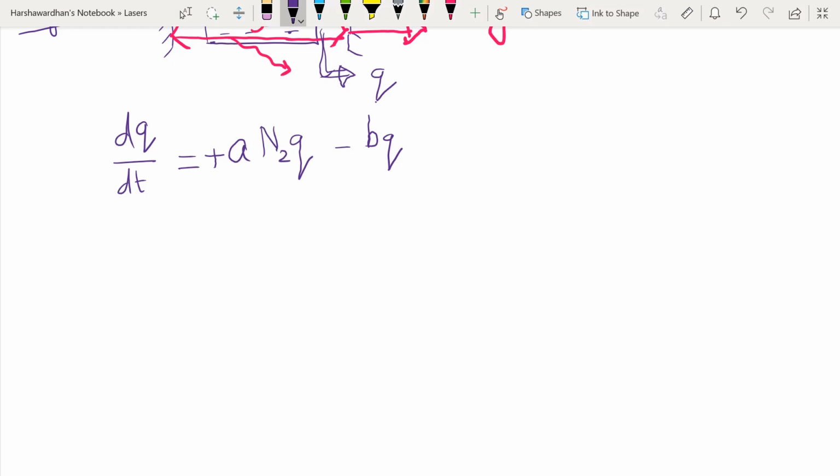In other words, the number of photons increases within the cavity due to stimulated emission, arising from this term, and the number of photons decreases because the photons are coupled to the outside world.